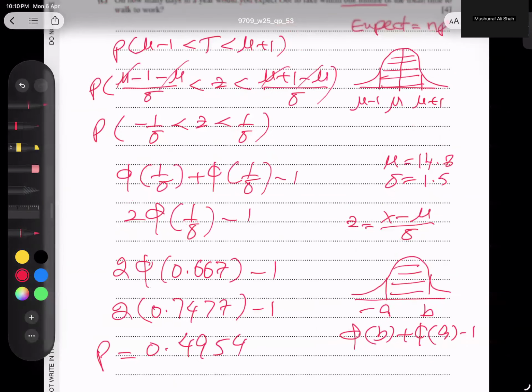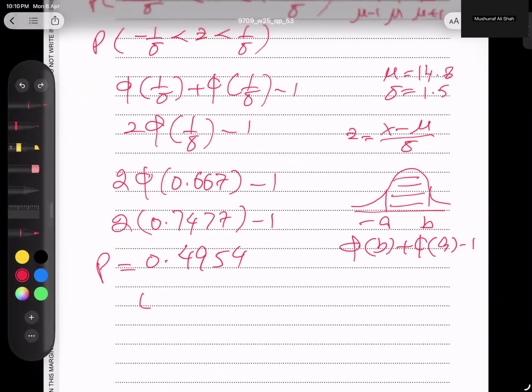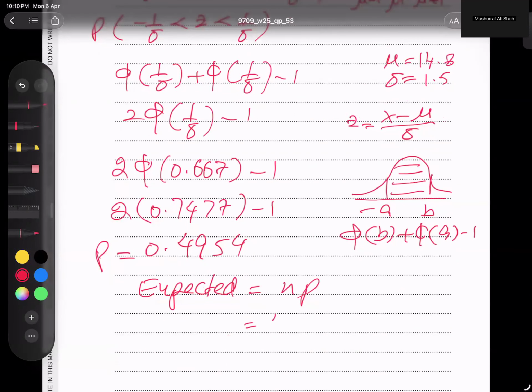But he asked for a number of days, so we need to find the expected value, and n is 45 weeks. Expected value is NP.